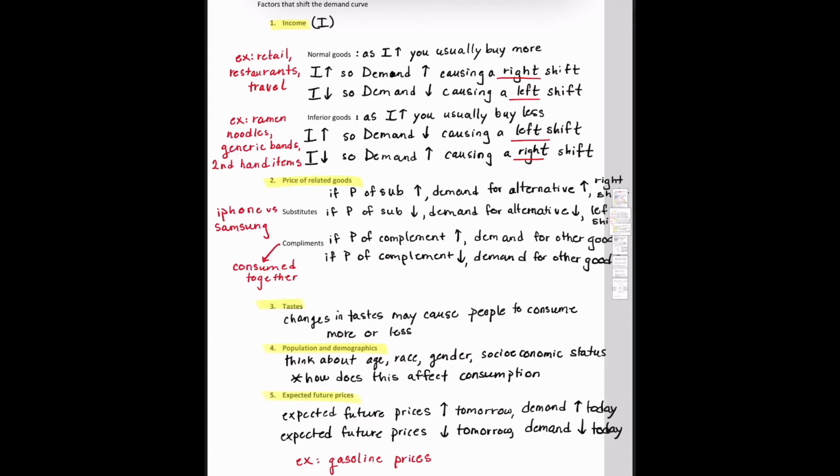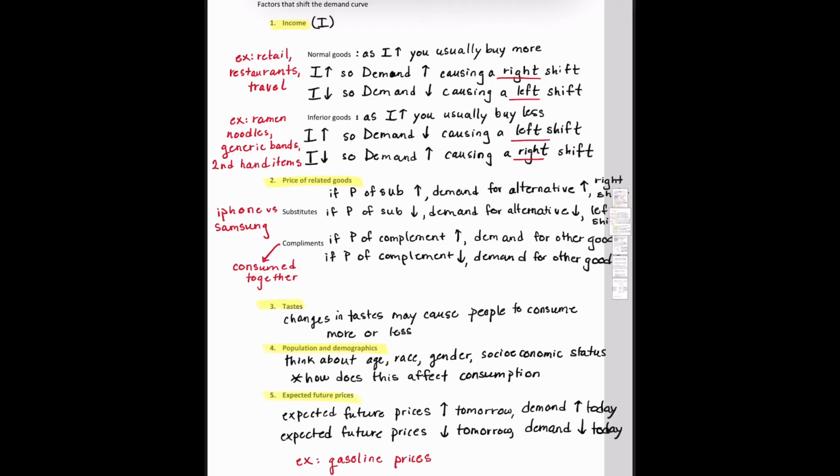So if the price of Samsung, let's say Samsung is the substitute for Apple, if the price of a Samsung phone increases, what will happen is that demand for Apple will increase because people switch away from the higher priced good to the lower priced good.